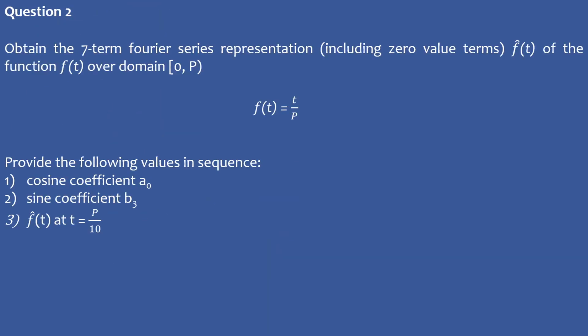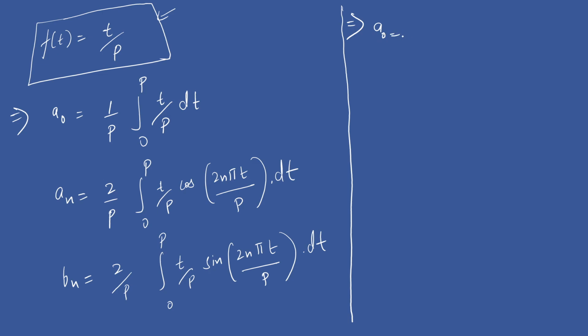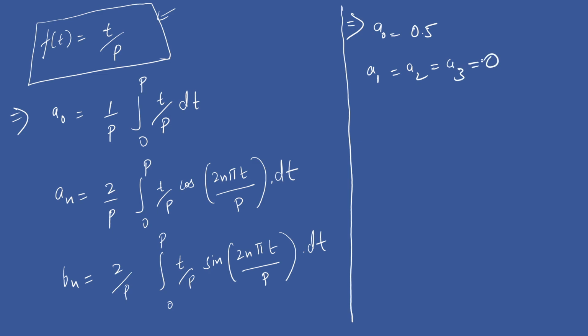In the question you have been asked to evaluate the cosine coefficients a0 and the sine coefficient b3. So accordingly, the values which are available with me: the a naught value is 0.5, and your a1, a2 and a3 are given to be 0. Why are they 0?